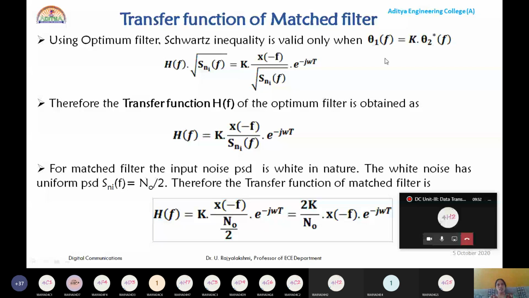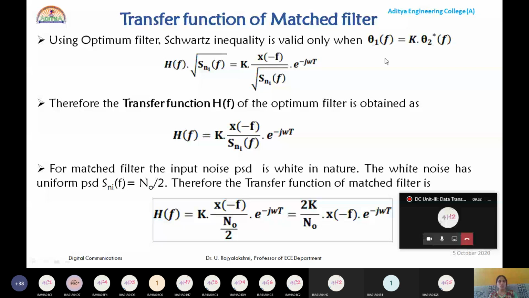Okay, so here we assumed the transfer function of the optimum filter as h of f equal to k into x of minus f into e power minus j omega t. So in the case of matched filter, the input noise power spectral density is always white in nature.